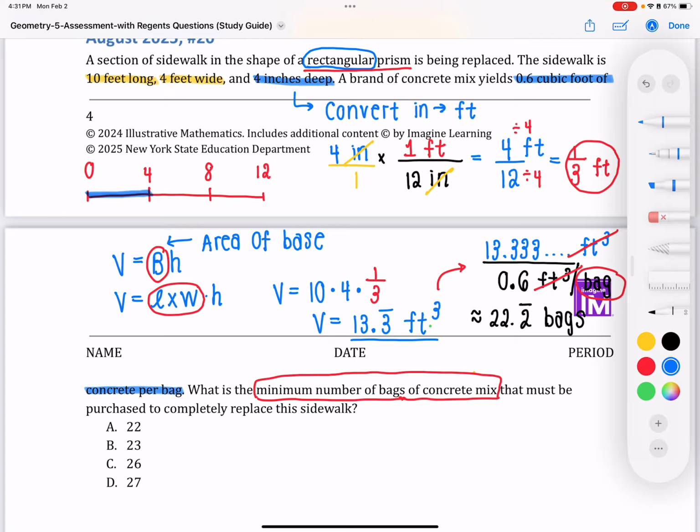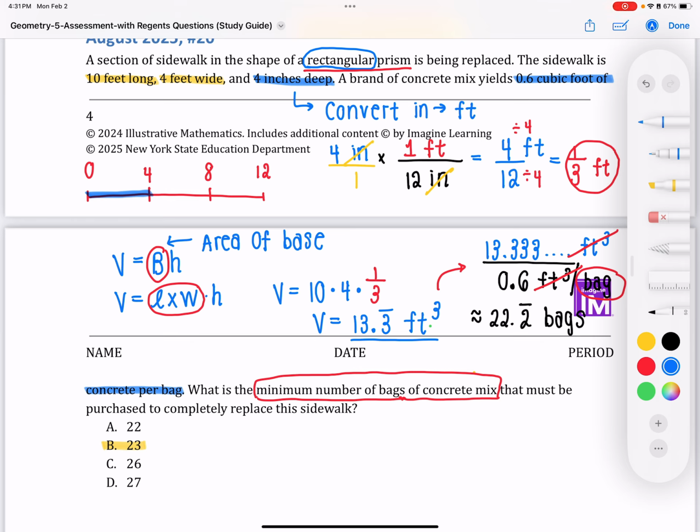And I know some of you selected A, but the correct answer is actually B, 23, because even though that 0.2 is not 5 or greater, we cannot round it down to 22 because we're not going to have enough concrete mix if we round down to 22.